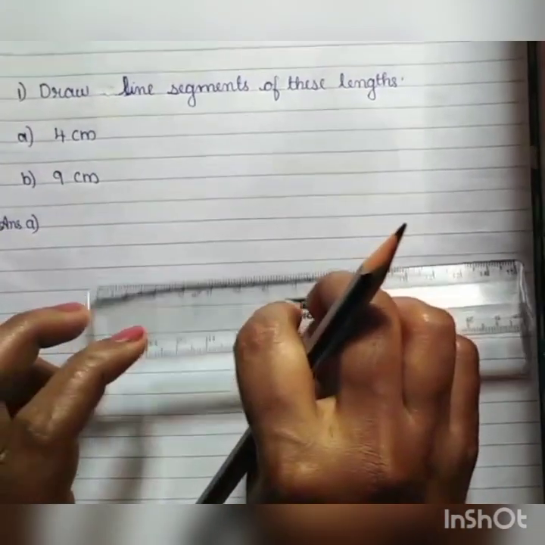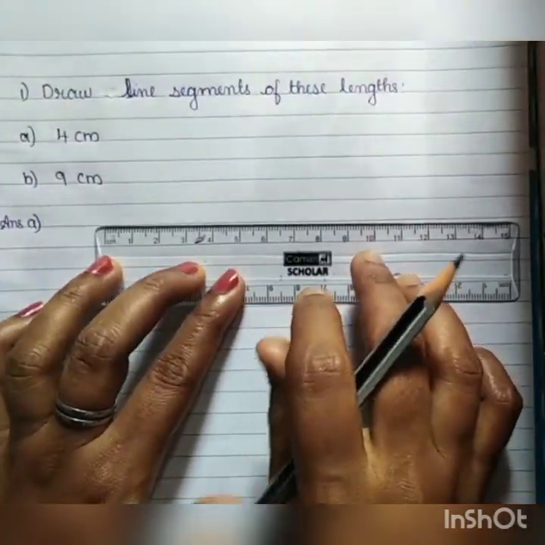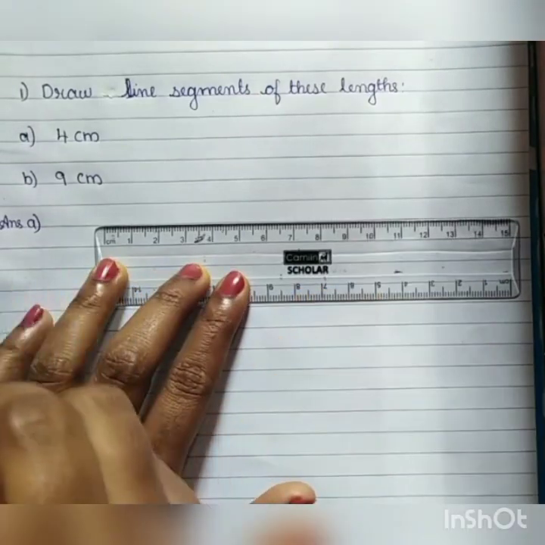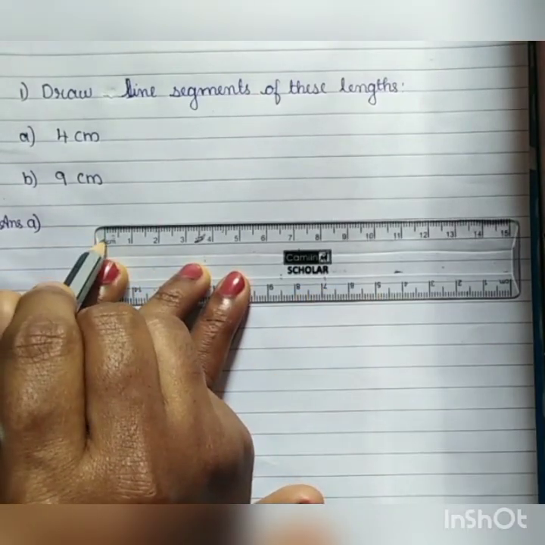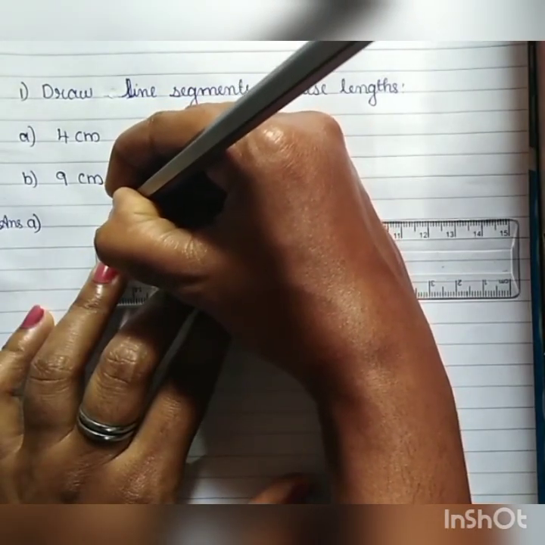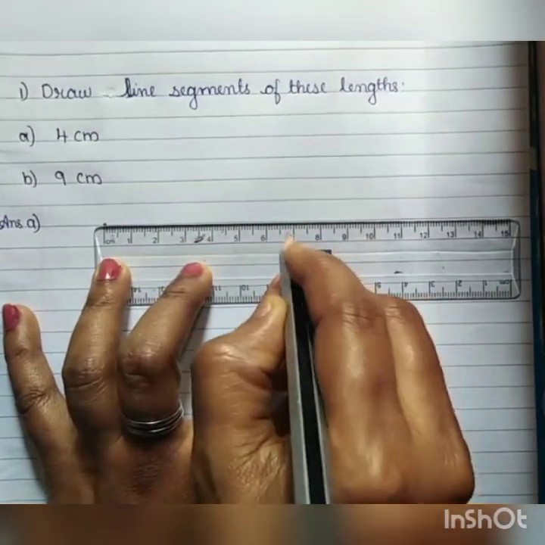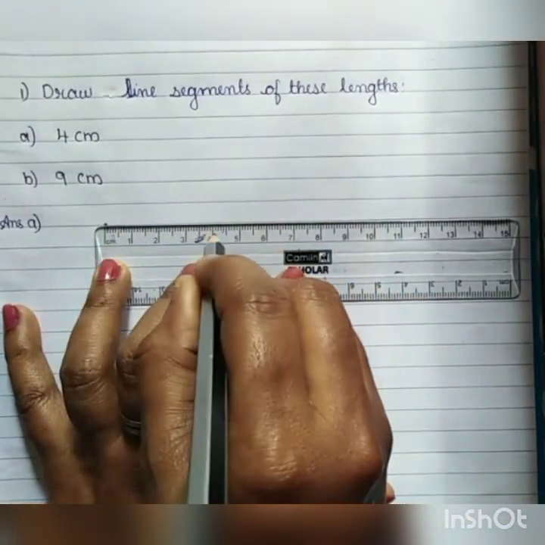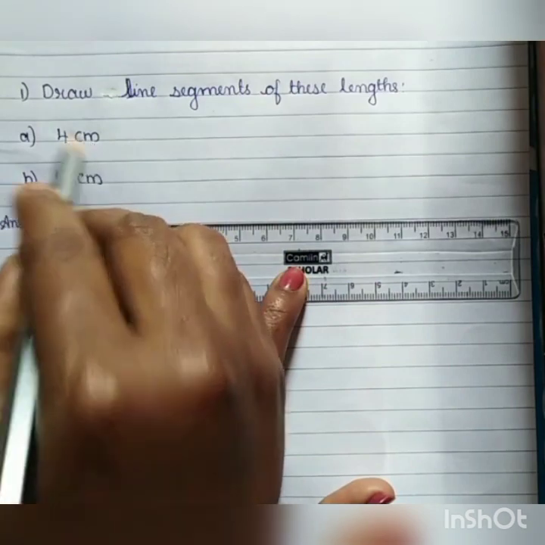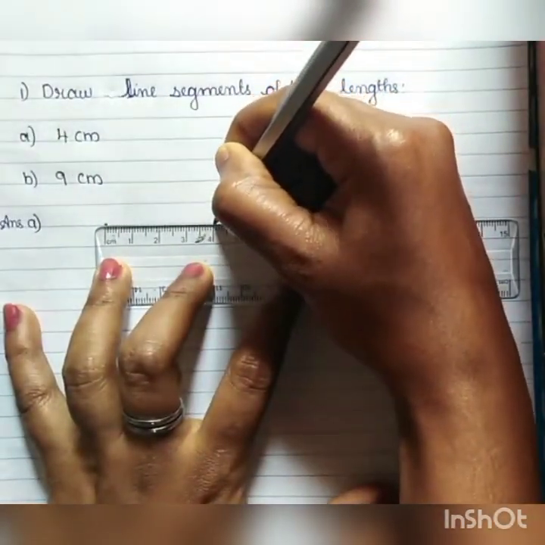First, we have to take the ruler and place it on the page where we have to draw the line segment. Then we should mark at the point showing 0 on the ruler. So we can mark the point. This is our first endpoint. Then without moving the ruler, we should mark the number 4. Here our question is 4. Then we should mark the second endpoint at the number 4.